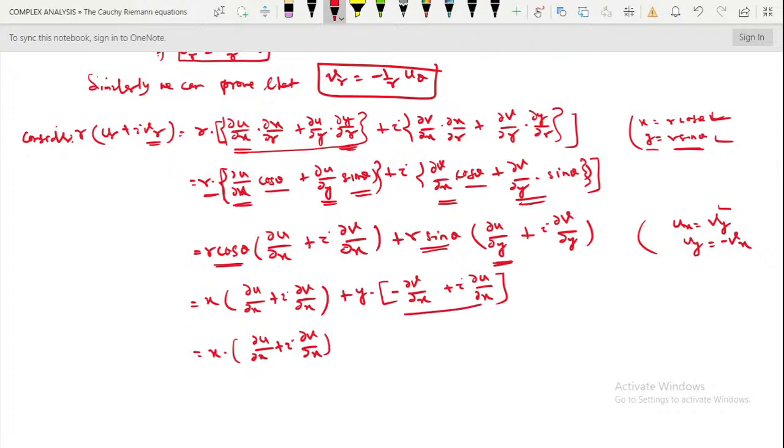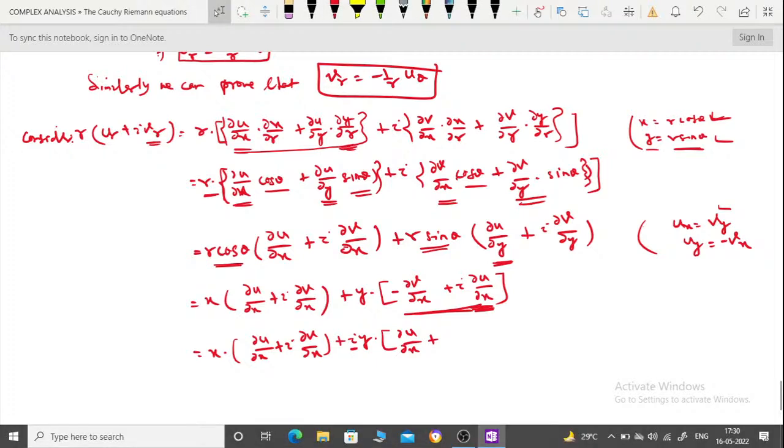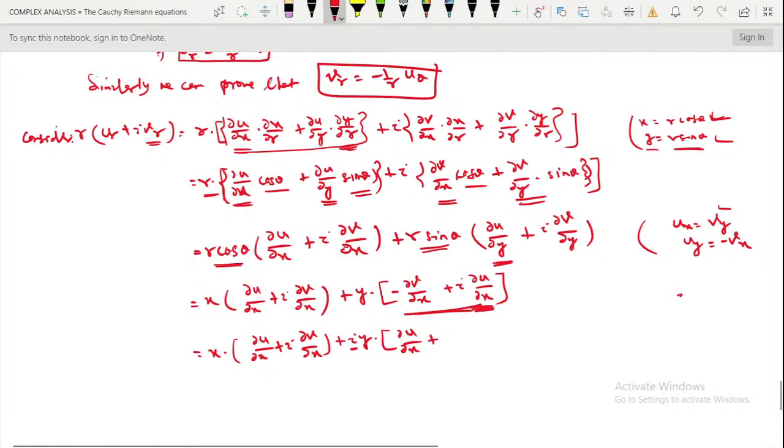and here you can take i as common. So you can take i common, then first I will add this one. This will be your del u by del x plus, and this is minus 1, so if one i will go common, then this will be i times del v by del x.